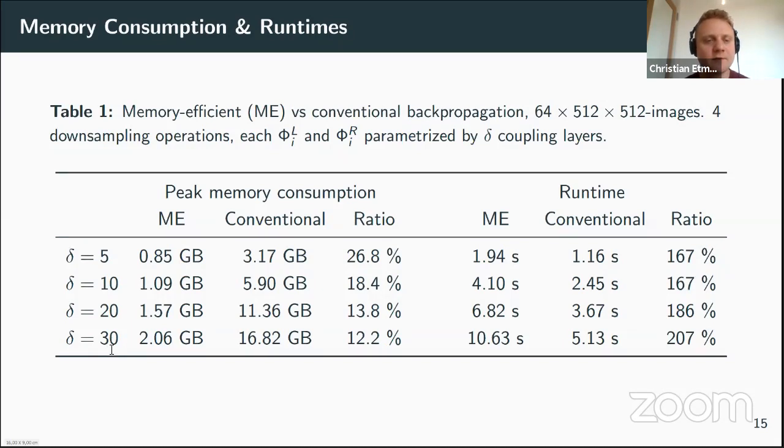So in the case of the largest network, which is really huge, we only need 2.06 gigabytes for the memory efficient backpropagation, whereas the conventional backpropagation will use more than 16 gigabytes. So this doesn't fit most commercially available consumer graphic cards anymore. So in this case, the ratio was even 12.2%.